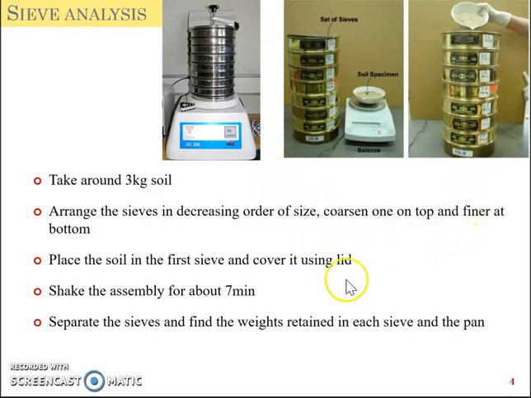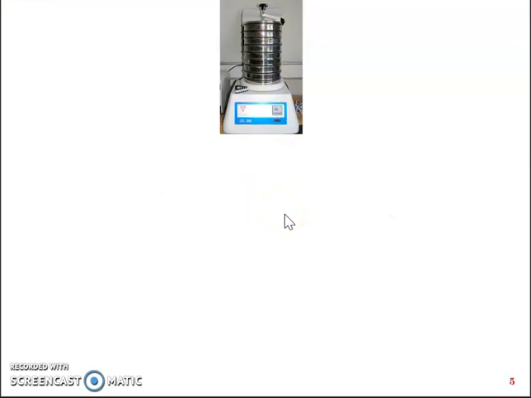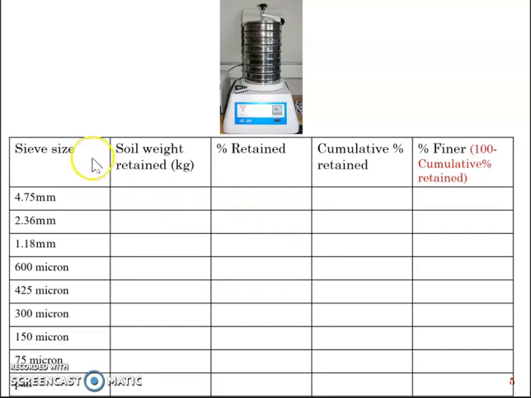Once you have done this mechanical sieve shaking, you can draw a tabular column like this. The tabular column will have the sieve size, soil weight retained in each sieve, based on which you can find the percentage weight retained, and from that you can find the cumulative percentage weight retained, and from that you can find the percentage finer.